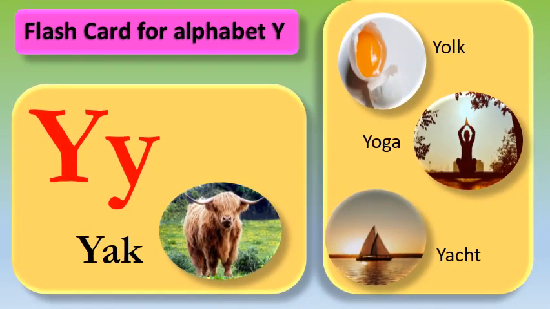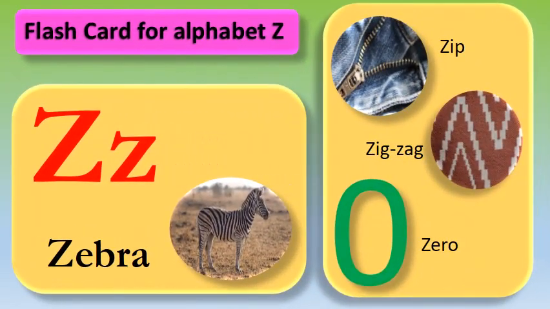Next, Y for yak, Y for yolk, Y for yoga, Y for yacht. Next and the last alphabet is Z. Z for zebra, Z for zip, Z for zigzag, Z for zero.